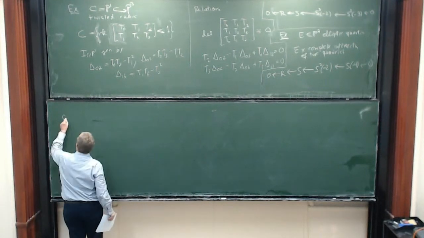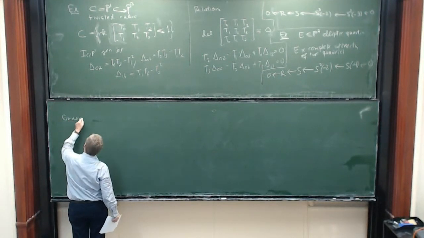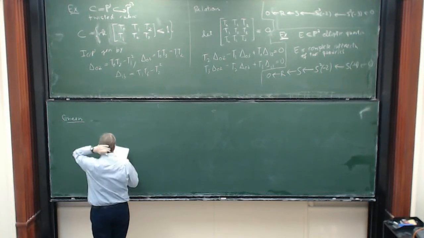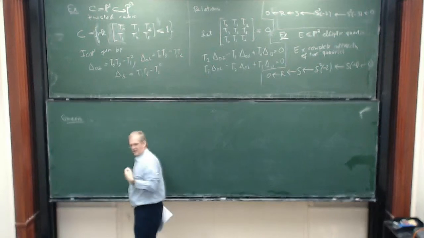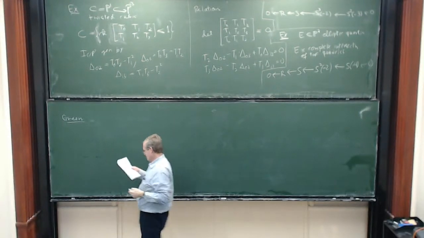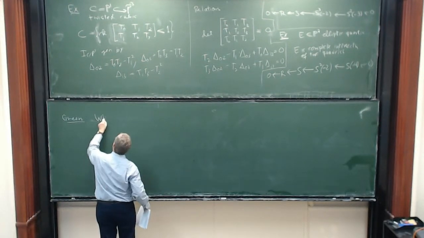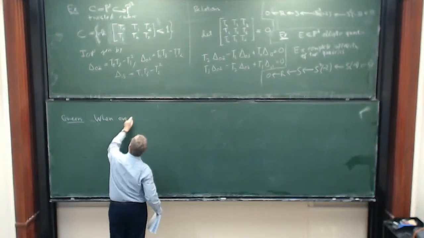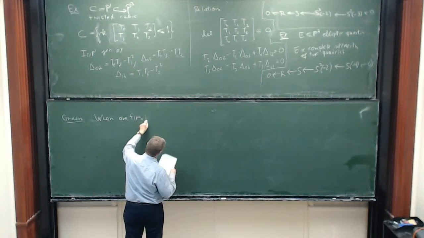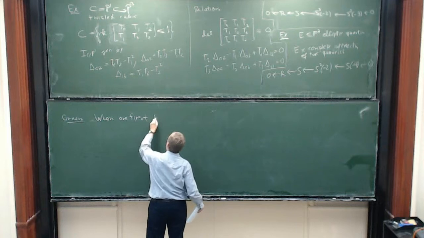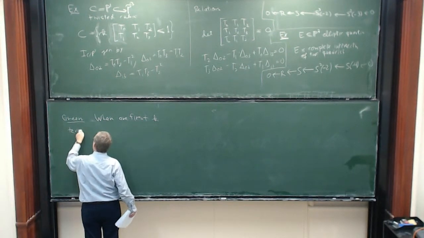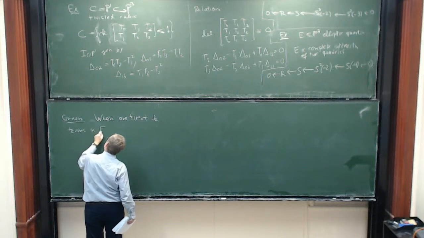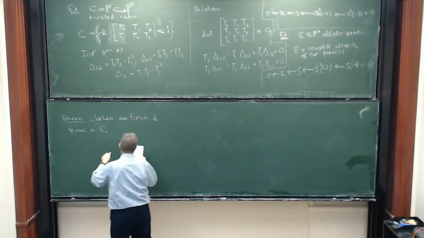So the first thing we want to talk about for the rest of the day, suggested by Green, is to ask when are the first k terms, the first k syzygy modules, terms in E dot generated in lowest possible degree.